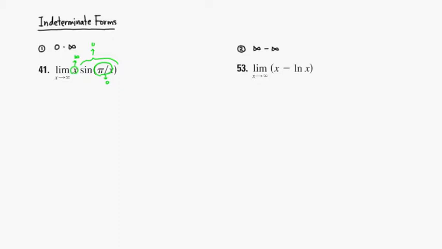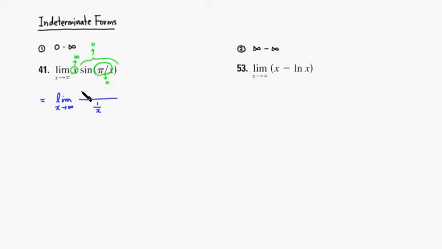So you have a 0 times infinity situation. What we can do is rewrite this. You have a limit as x approaches infinity. So instead of x, I'm going to write it as 1 over x, which is the same thing.